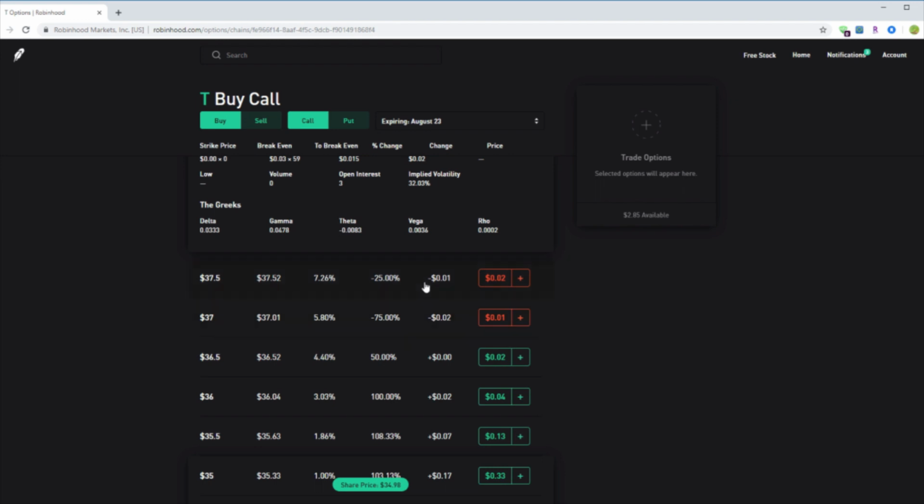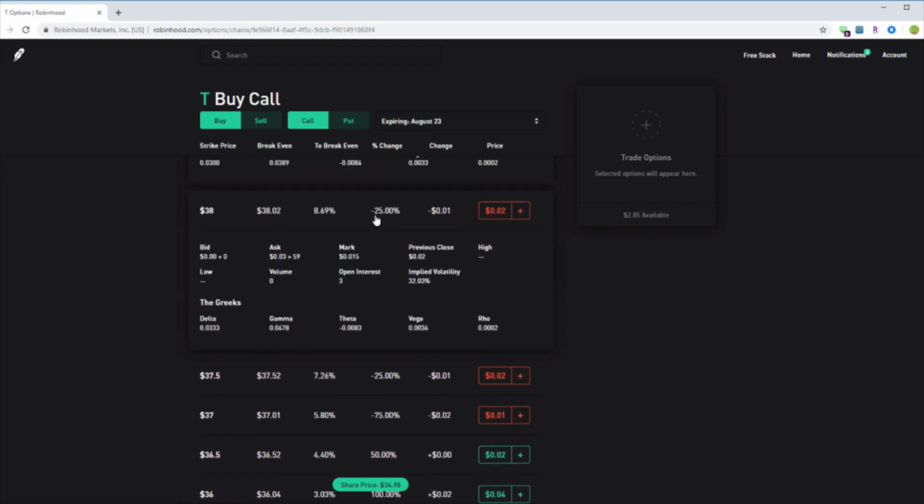Next we have Vega, which is the sensitivity to volatility. So when looking at Vega, what it does is measure the rate of change in an option's price per 1% change in the implied volatility of the underlying stock. So one thing I mentioned in my last video was implied volatility and how it affects options prices. And here we have our implied volatility percent.